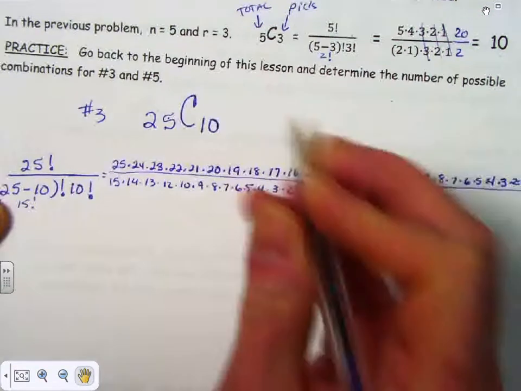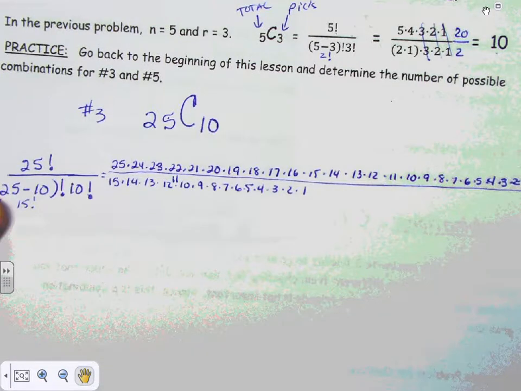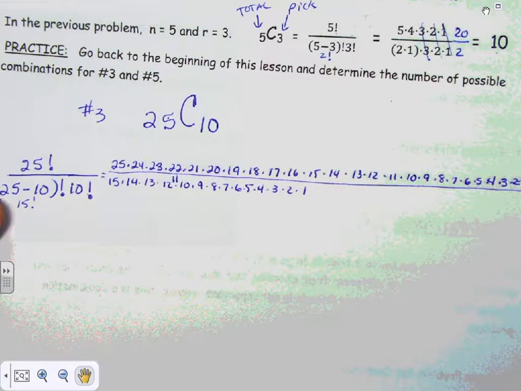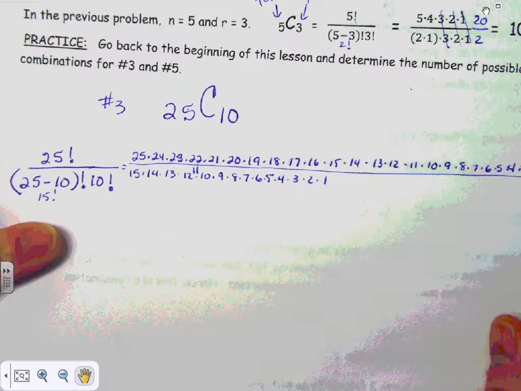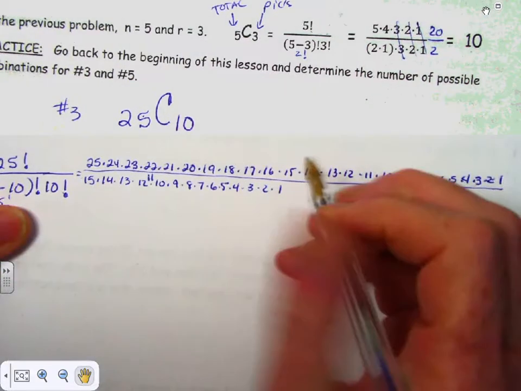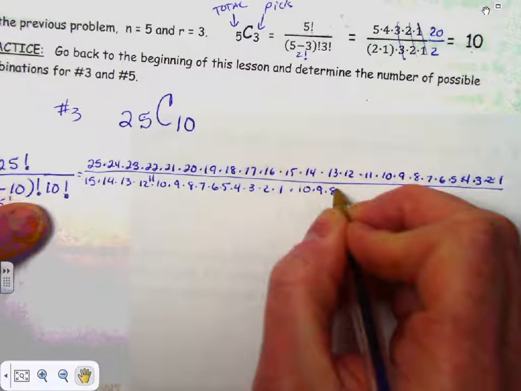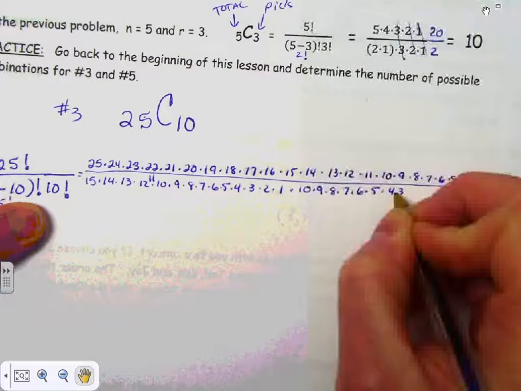Did I skip 11? I skipped 11 last time too. All right, 11. There it is. Your brain, it's crazy how it works. Okay? So that's the 15 factorial, but now I have to do a 10 factorial. Times 10, 9, 8, 7, 6, 5, 4, 3, 2, 1.